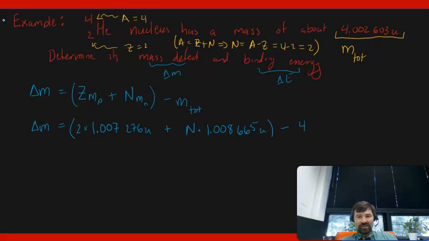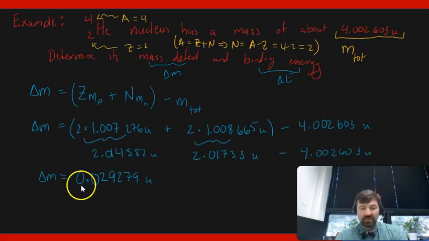And from that, we're taking away 4.002603 atomic mass unit. So that gets us a total of 0.029279 U or Daltons for mass.